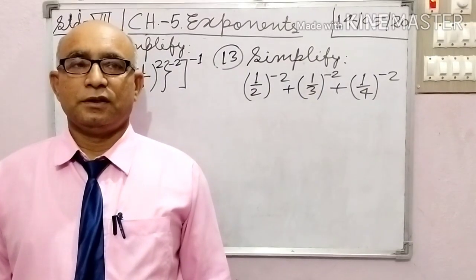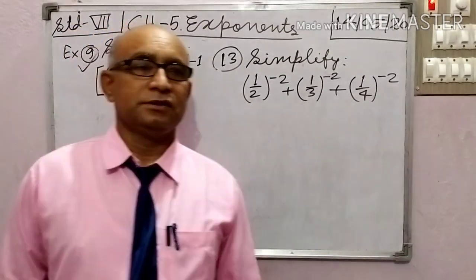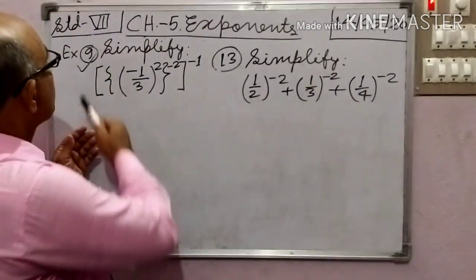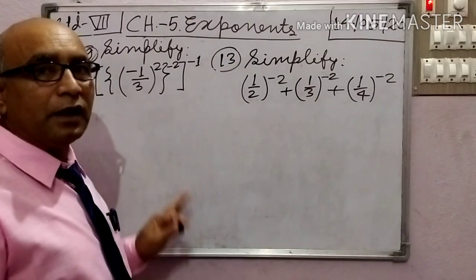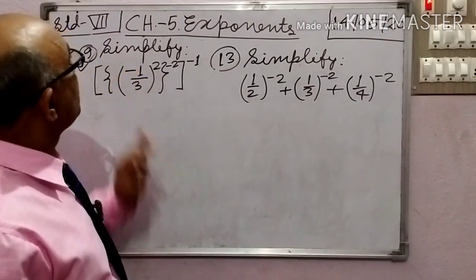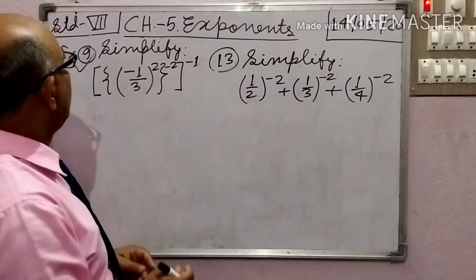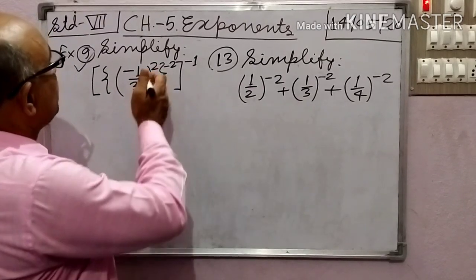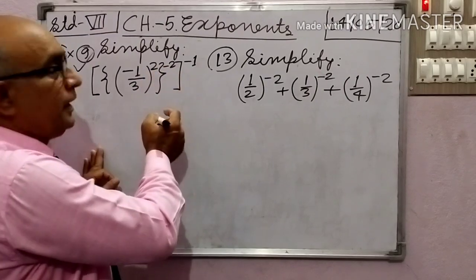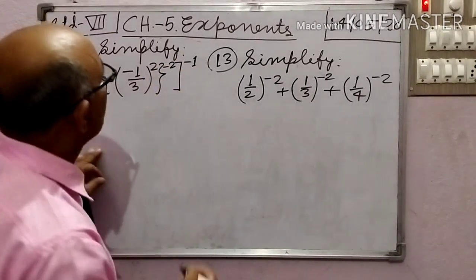Students, next two questions write on this board. It's question number 9 and question number 13. Both questions are simplify. In question number 9, simplify ((-1/3)^2)^-2 whole power -1.